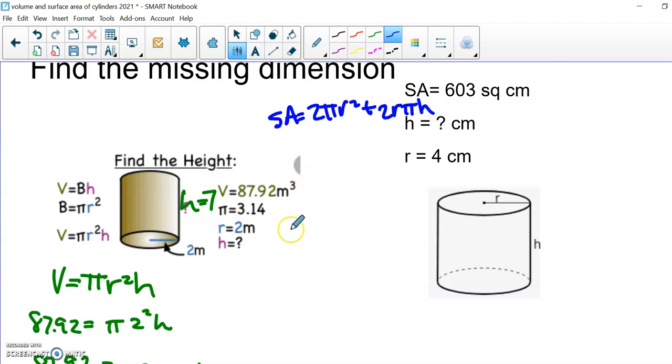And let's substitute everything we know. This time we know the radius, and we're given that the radius is 4. And we'll put a 4 in here. What we don't know is the height, so we're going to leave that as our unknown. I'm going to go ahead and simplify, and we know that the surface area is 603.